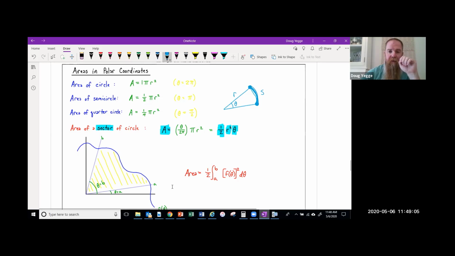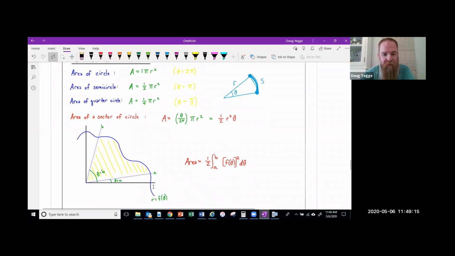It means that if I want to create the formula for the area of some piece, let's say that I want to shade this yellow piece right over here, and I call this function r equals f of theta, like r equals 1 plus sine theta, for instance. Well, I'm obviously going to be turning through a certain angle.